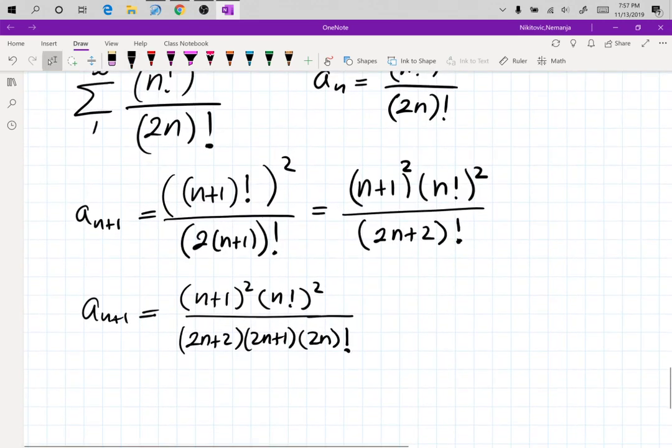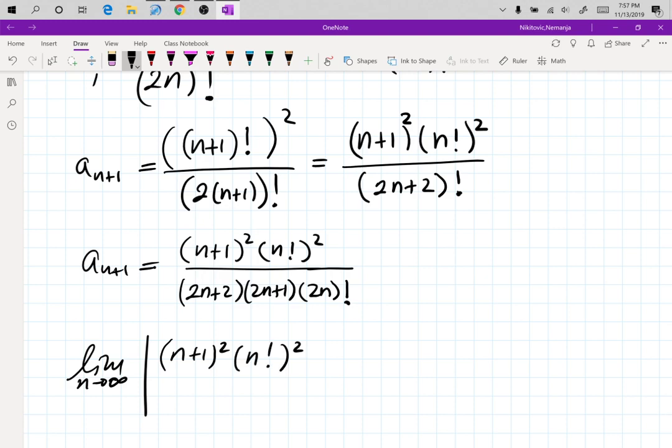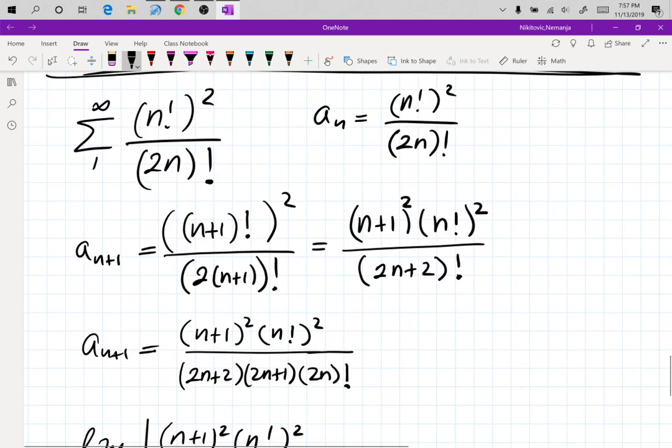So now I am ready to work out the limit. I have n plus 1 squared times n factorial squared divided by 2n plus 2, 2n plus 1, 2n factorial, times the flip of a_n.